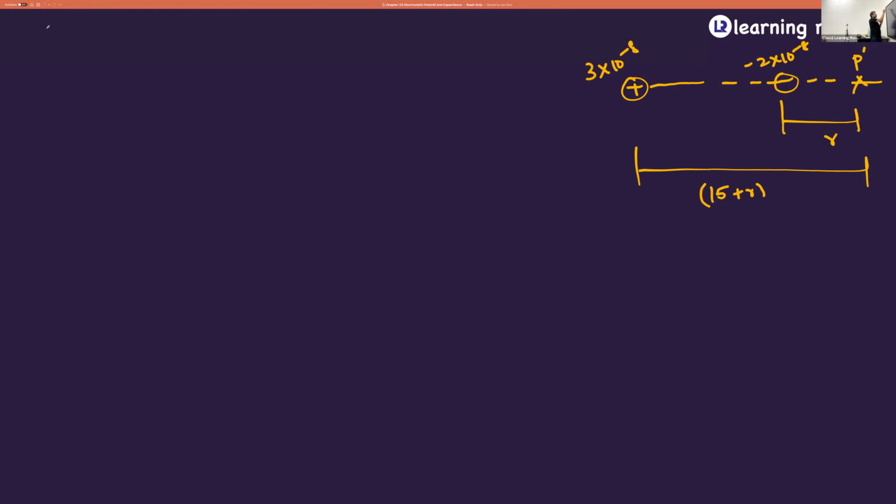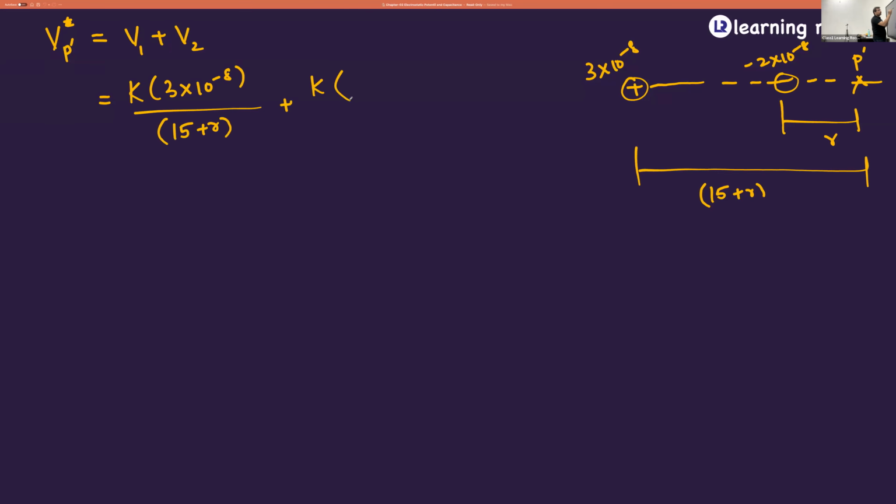Right. So what is the potential at point P dash? It is going to be the potential due to the first charge plus the potential due to the second charge. What is the potential due to the first charge? It is K into 3 into 10 power minus 8, the whole divided by 15 plus R, plus K into minus 2 into 10 power minus 8 divided by R. How much should the value be? 0.